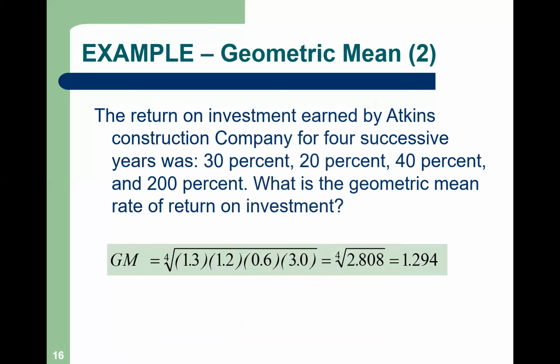Another example of geometric mean: the return on investment earned by a construction company for 4 successive years was 30%, 20%, 40%, and 200%. So we need to find out the geometric mean rate of return on investment. The way to find out geometric mean is to find the product of each value.